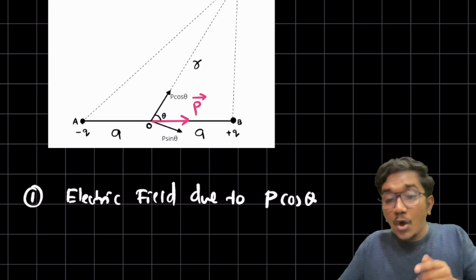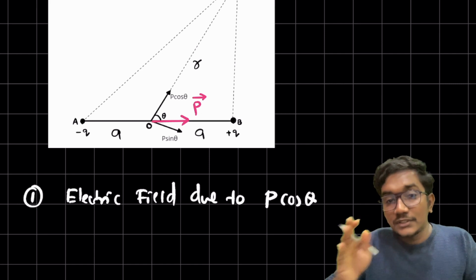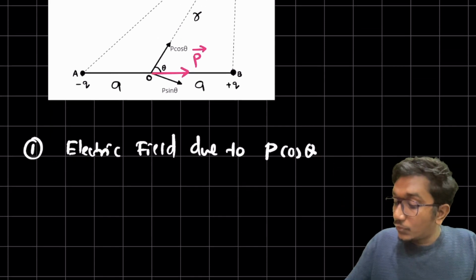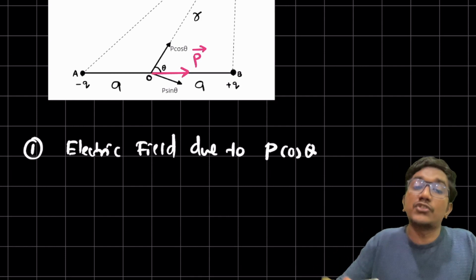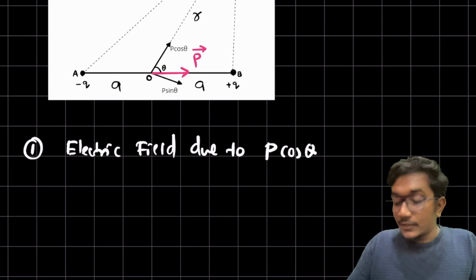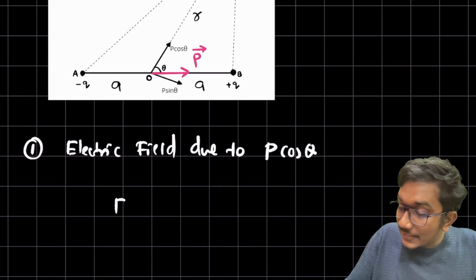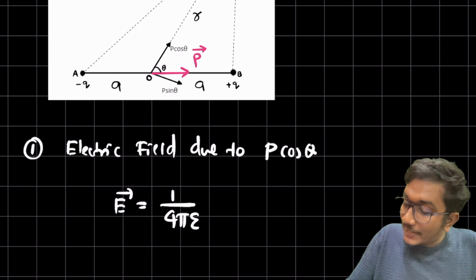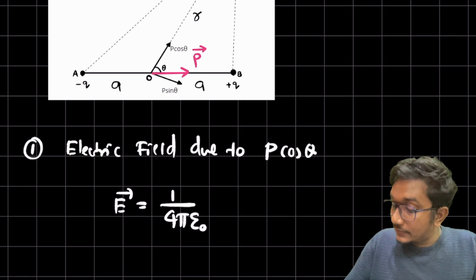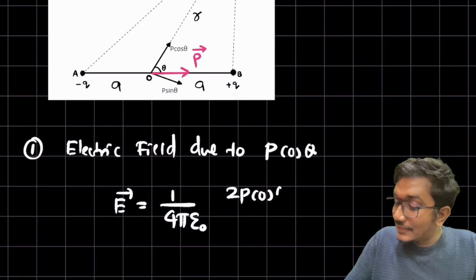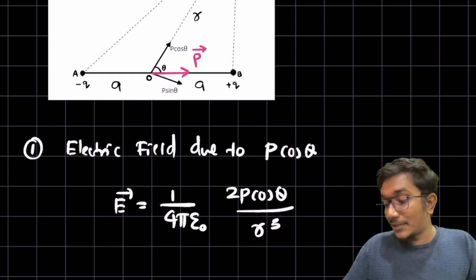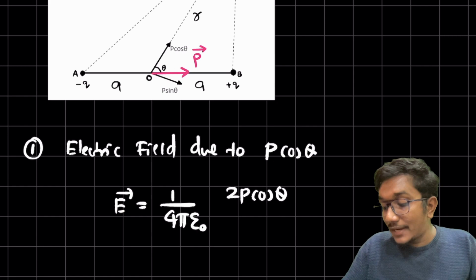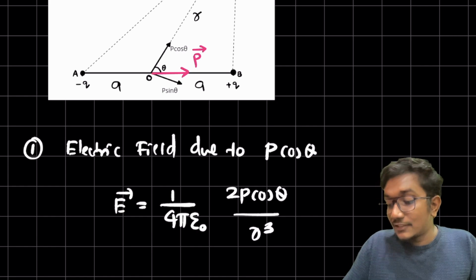Because it is along the line joining, it would be along the axis, not the axis of the dipole, but along the line joining O and P. So we already studied that the electric field E is equal to 1 upon 4 pi epsilon naught into 2p cos theta divided by r cube. 2p cos theta, because how much is the dipole moment along that direction? That is p cos theta.